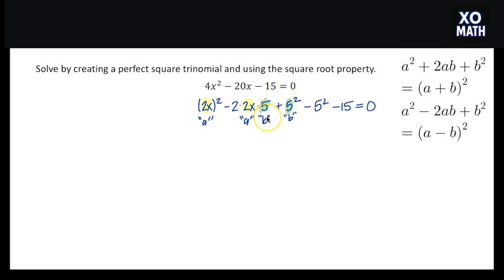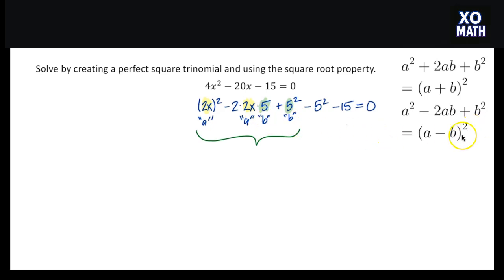We've just done it in this really unique way that now creates a perfect square in the first 3 terms. So the first 3 terms are now exactly a squared minus 2ab plus b squared, where a is 2x and b is 5.